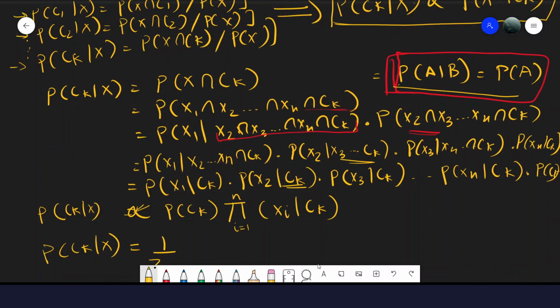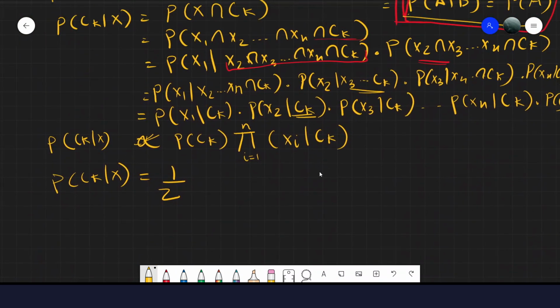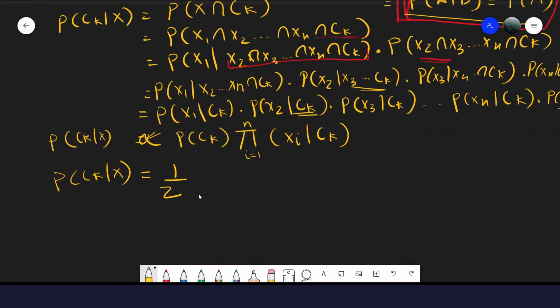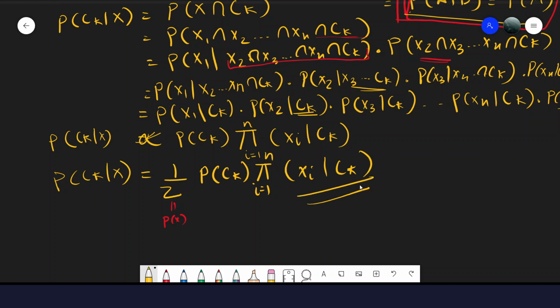That's what I said. So to account for that proportionality, I'm bringing 1 by z back over here. 1 by z is nothing but P of x. So I can write this as 1 by z, P of ck into pi, i equals 1 to n, P of xi given ck. Okay, that is our mathematical formulation for the naive Bayes classification algorithm.